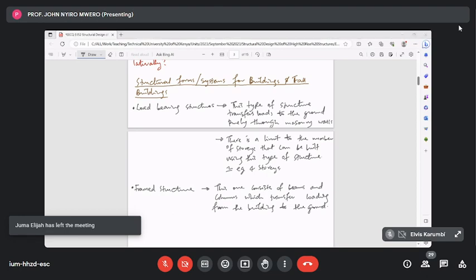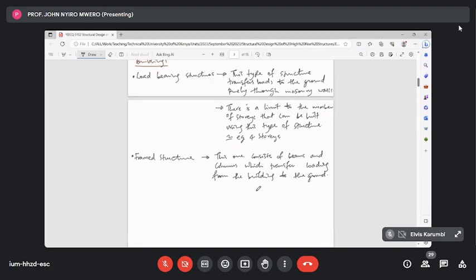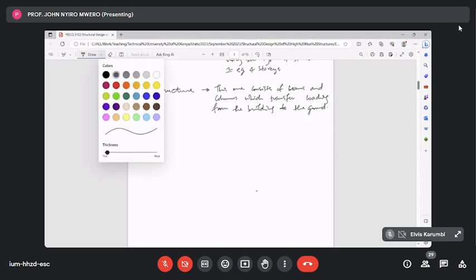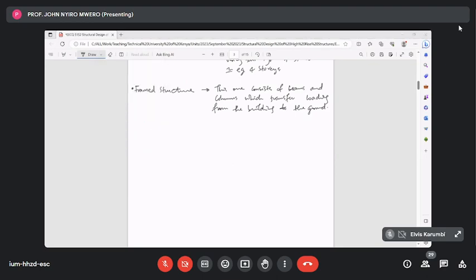Generally, how does the frame structure carry lateral loads? Let me illustrate with simple sketches. Consider these 2 simple sketches of a frame.